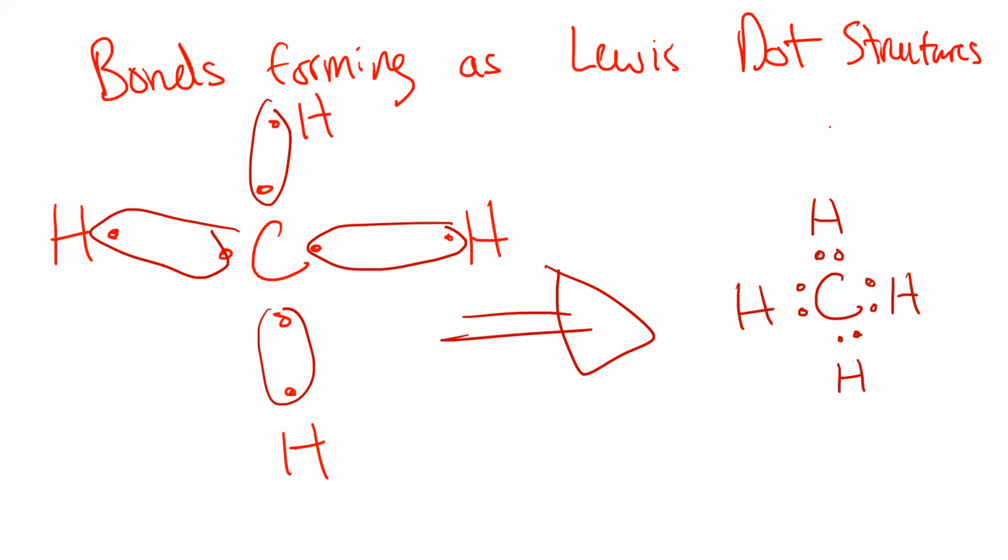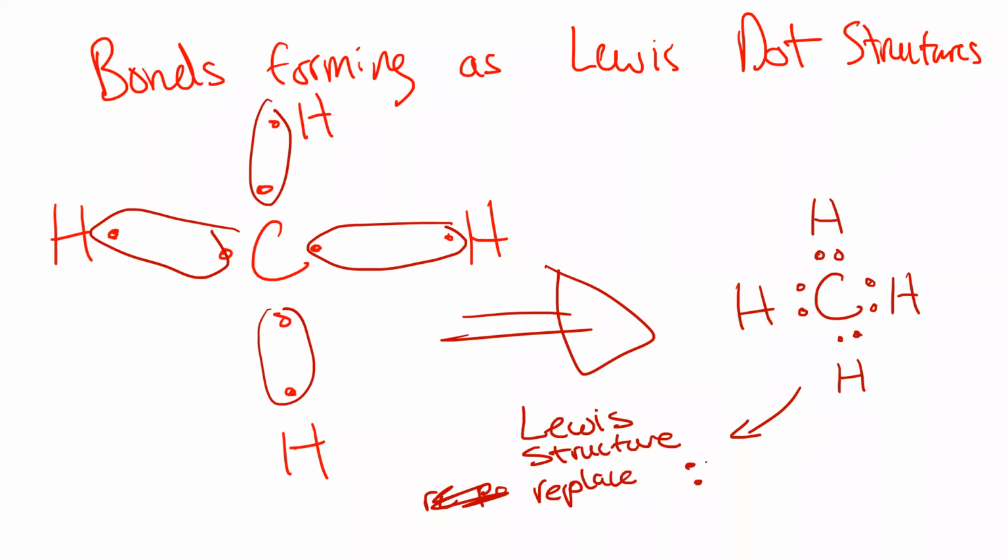This is the Lewis dot structure of methane. We can actually do now what's called a standard Lewis structure. And what you do is you replace a paired dot like that, which represents a bond.